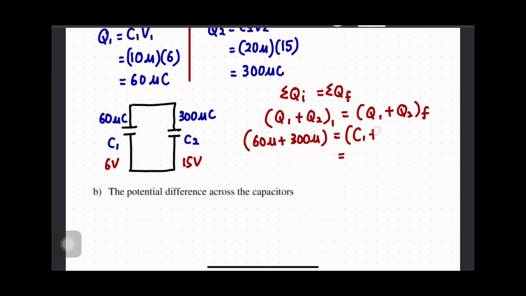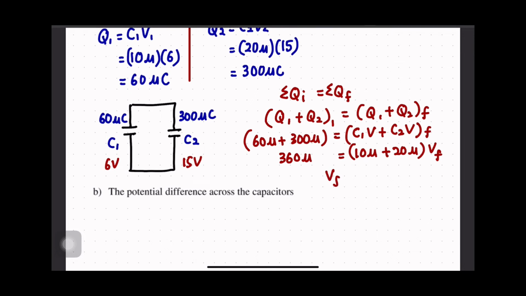Okay, C1V plus C2V final. So substitute value, 360 micro. So C1 is 10 micro plus C2 is 20 micro, and then factorize V keluar, iaitu V final.